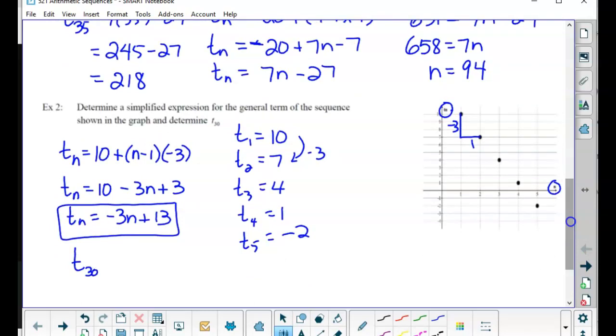And again, these are subscripts, so that 30 should be small. I know some of you have kind of big writing and aren't that clear. You really have to be careful so that it doesn't look like T30 same size, because that kind of means multiplication, right? Now we put in a big 30, but this is small. So that's negative 90 plus 13 is negative 77.